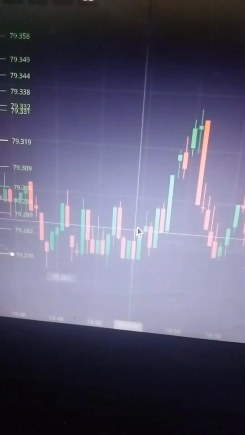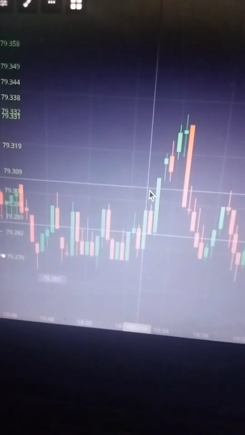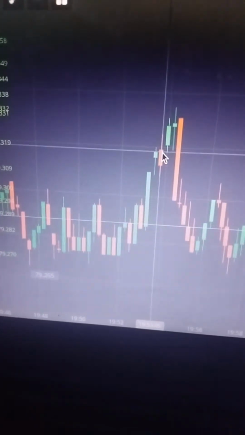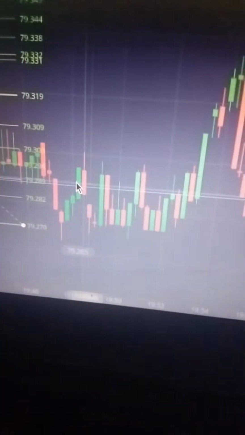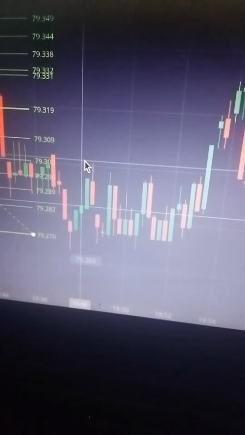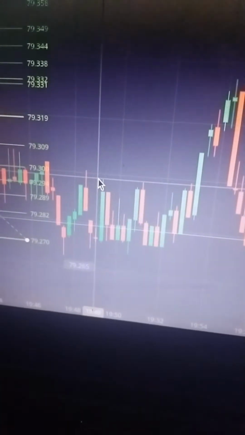So I was anticipating a lower move after that fill, but as you can see, they kept pressing and pressing and pressing, and finally broke it. Broke it and went up. So this swing low, then this swing high, another swing low, then another swing high.